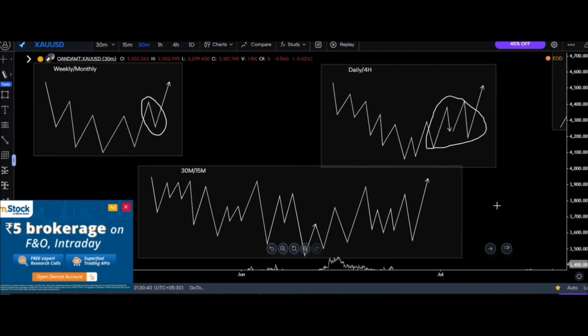Fine. This way, you will always be trading with the flow, never against it. The biggest mistake traders make is trying to trade the 15-minute time frame without knowing what's happening on the higher time frames, and that's why they lose. From today, you'll stop doing that. You'll always start from the higher time frame, move down, refine, and then confirm.